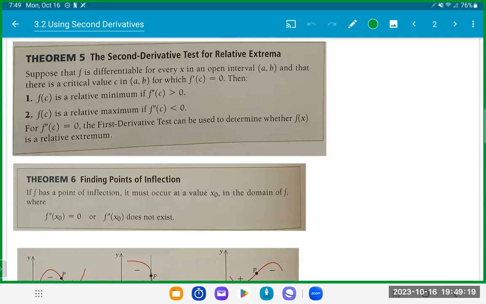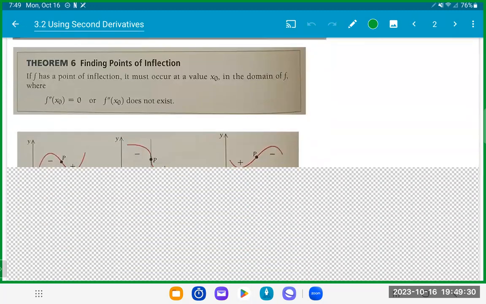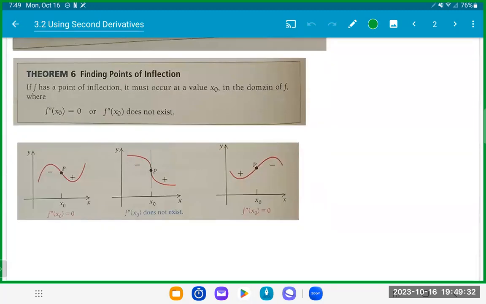And so you'll have an inflection point if you have a case where our second derivative evaluated at a specific point P here in this graph is equal to 0. Okay. And so in this case, you could see I'm clearly shifting from concave down to concave up. So that's an inflection point. Okay.